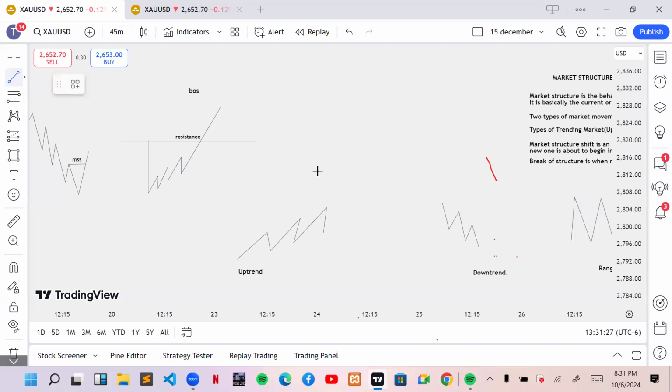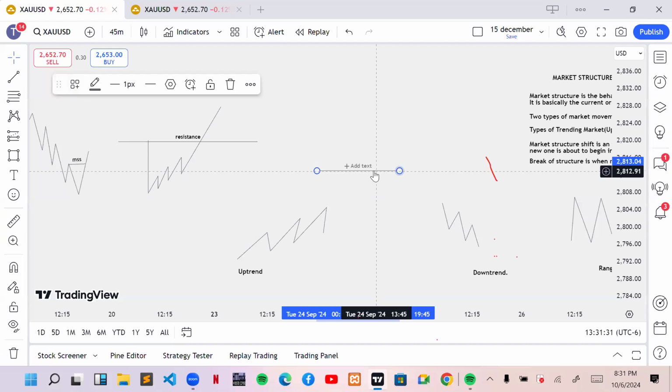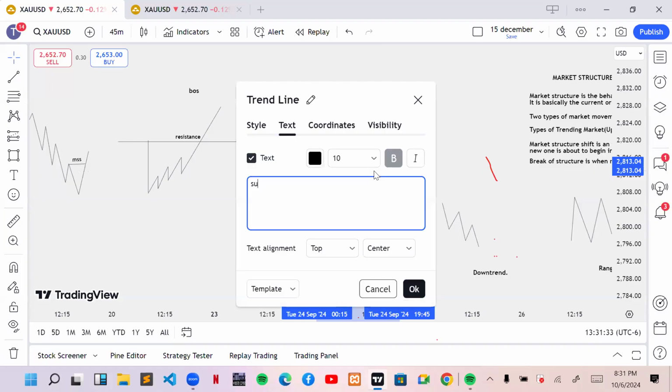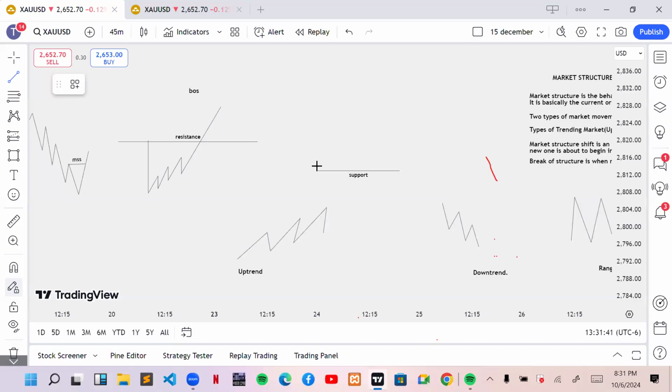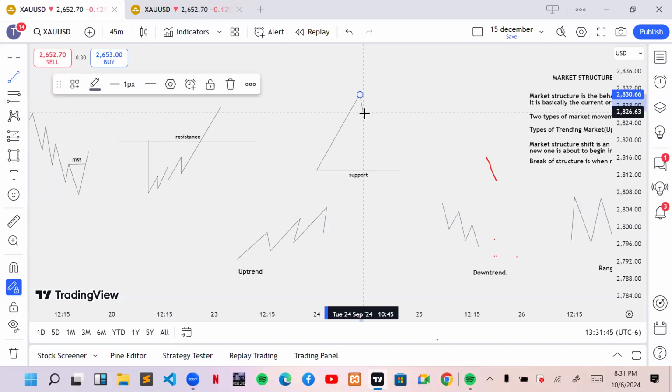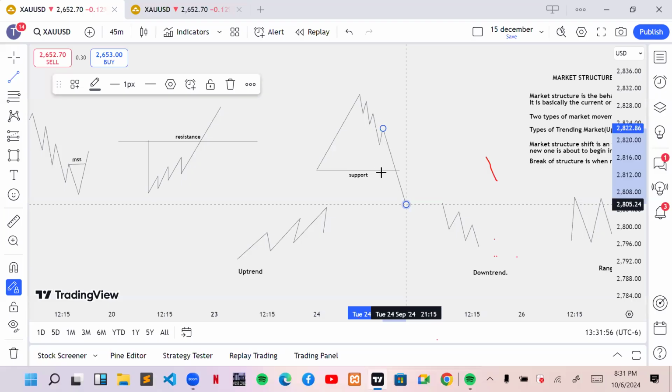So let's assume that this is a support zone, and the market was on a downtrend. That is lower highs and lower lows, lower highs and lower lows, and the market does something like this, breaking the support zone.